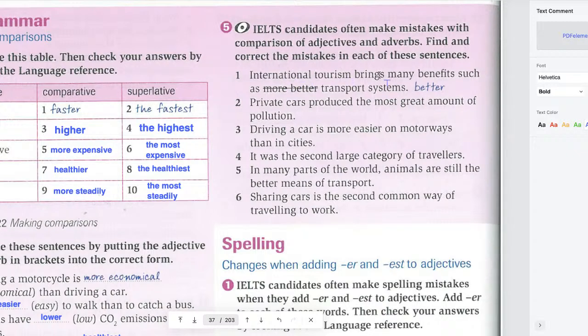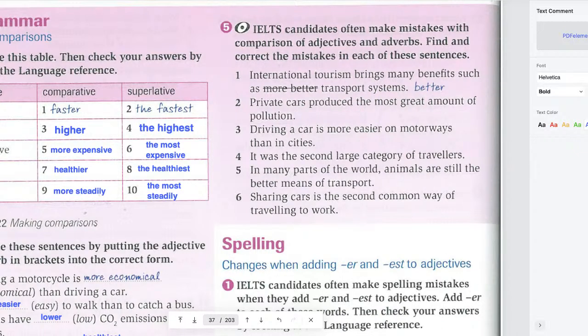International tourism brings many benefits such as better transport systems. Not more better, we only have better transport systems. Guys, we don't just do the exercises for fun, okay? After doing this, you need to read and learn and make sure when you do writing, you don't make the same mistakes again. Got it? It's very important.